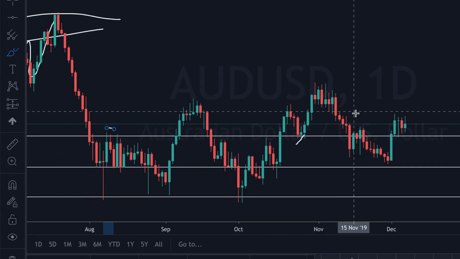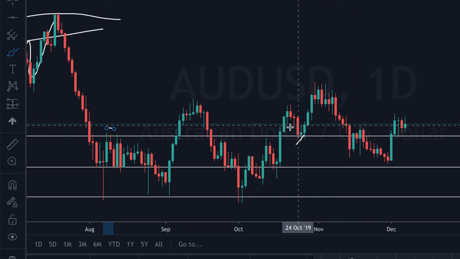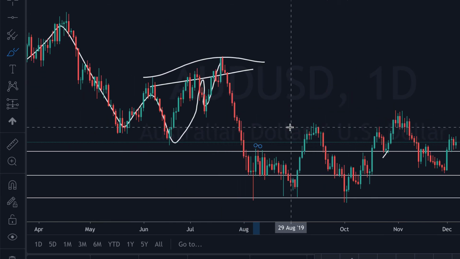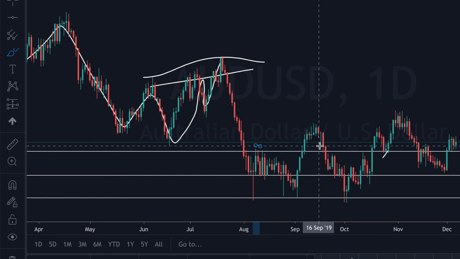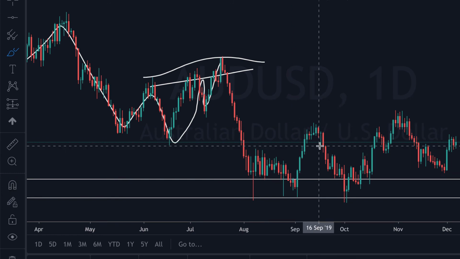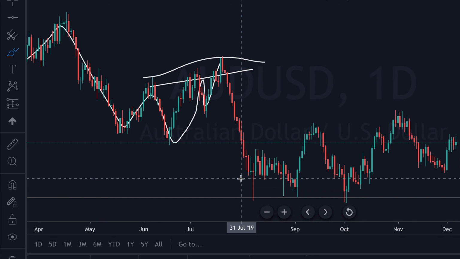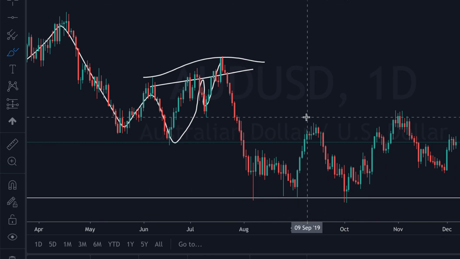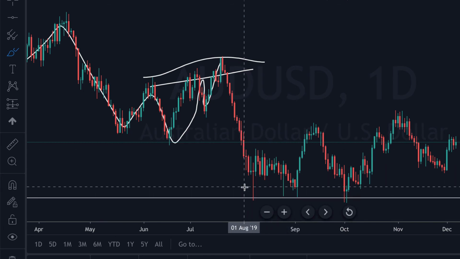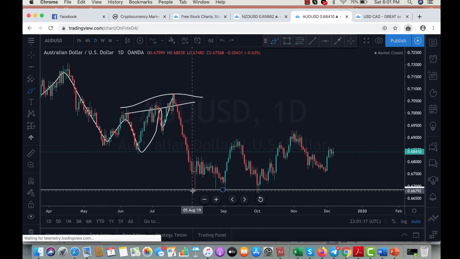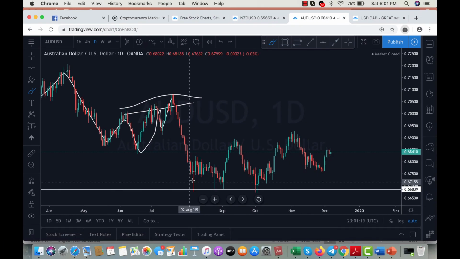And fine, there can be multiple support resistances there. I'm not saying no, but when you're a beginner, you want to make sure that you are able to draw your levels where you can easily see with your naked eye. You're able to see these price reversals happening pretty easily. That's very, very important.